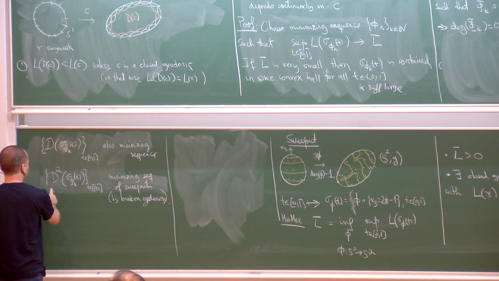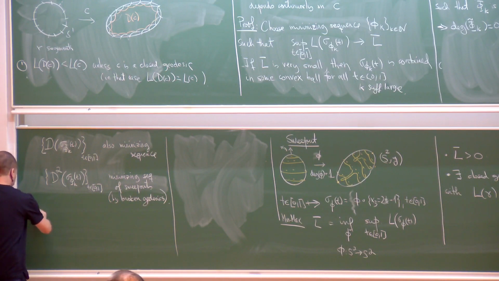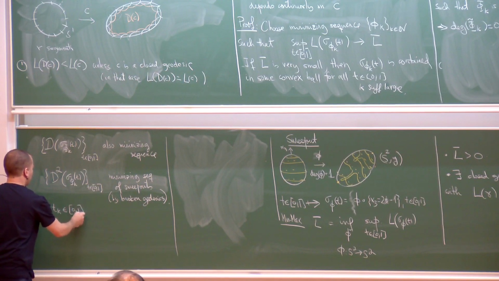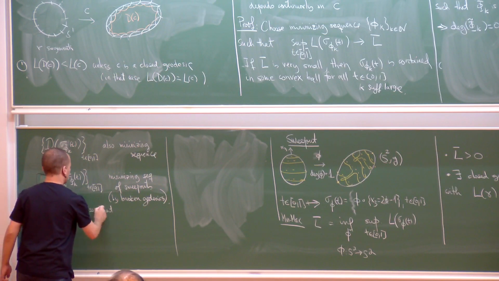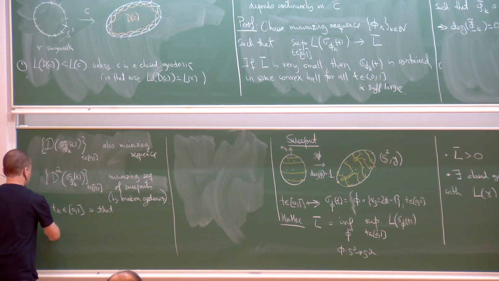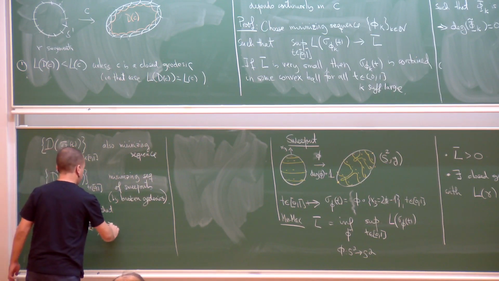And then what I do, I look at this family of sweep outs. I choose curves that maximize the length, so I can choose some sequence of times t_k in the interval 0, 1, so that the length of the corresponding curve is convergent to L bar.